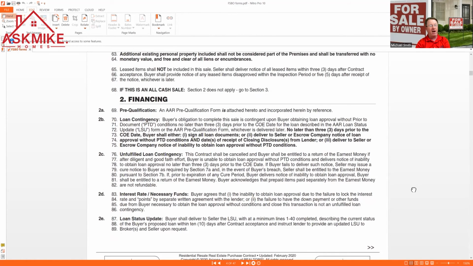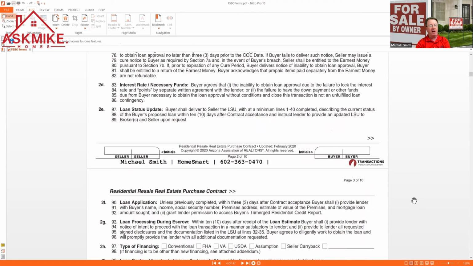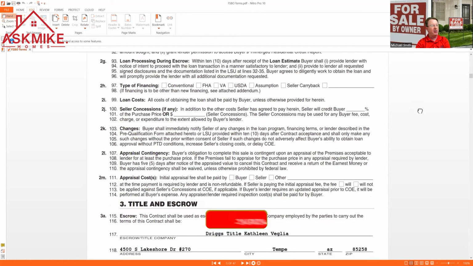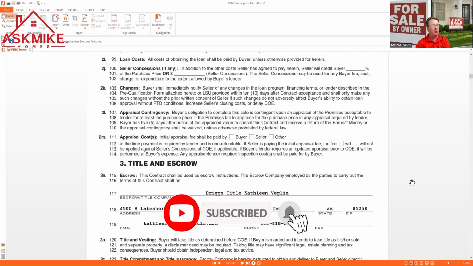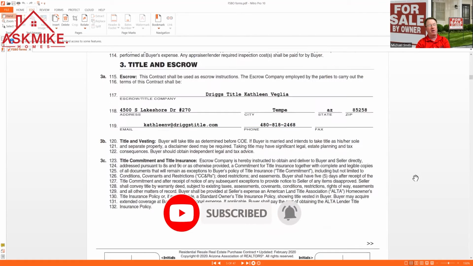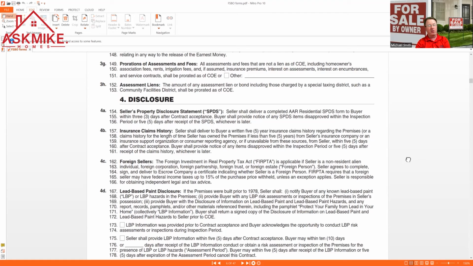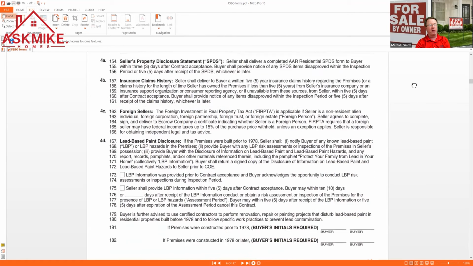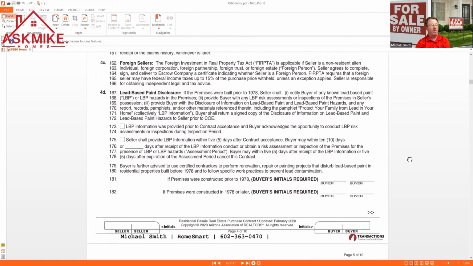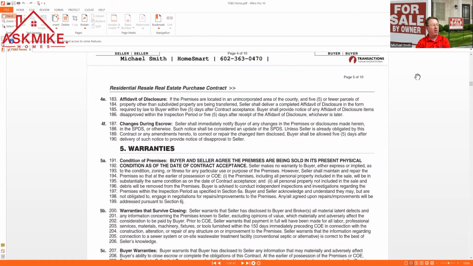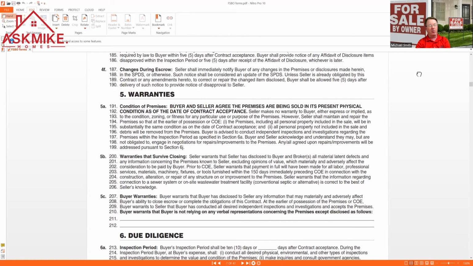It talks about the financing and the terms of the financing and how it's going to affect both the buyer and the seller. The type of financing, changes to it, the appraisal contingency. Next it talks about title and escrow, tax prorations. Next thing it talks about is disclosures, which is the one thing that there's a lot of lawsuits over. There it's talking about lead-based paint. Here it's talking about warranties, things that survive closing.